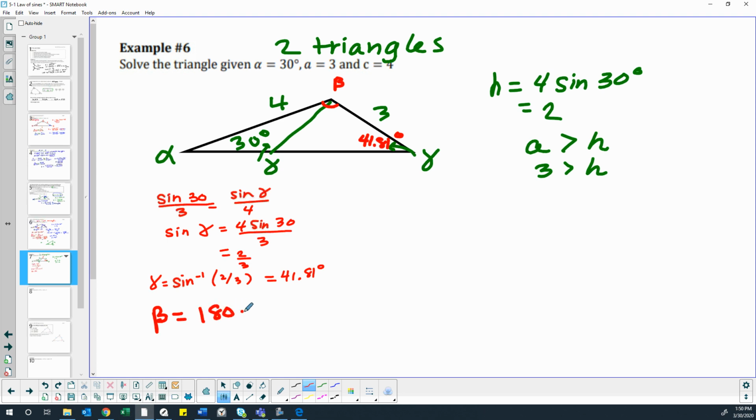Perfect. So 30 plus 41.81. 108.9. Oh, 108.19.